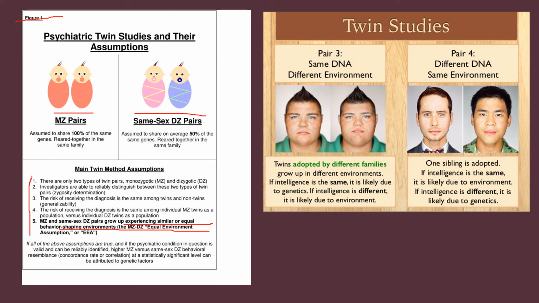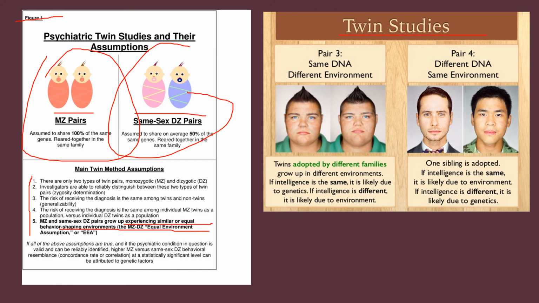At kapag nagkaroon sila ng sakit, kasi you're considering na equal, parehong-pareho, then you can attribute that to genetic factors, itong mga twins na to. At walang kinalaman ang environment kapag sila ay, halimbawa nagkaroon sila ng schizophrenia, that is due to their genes.